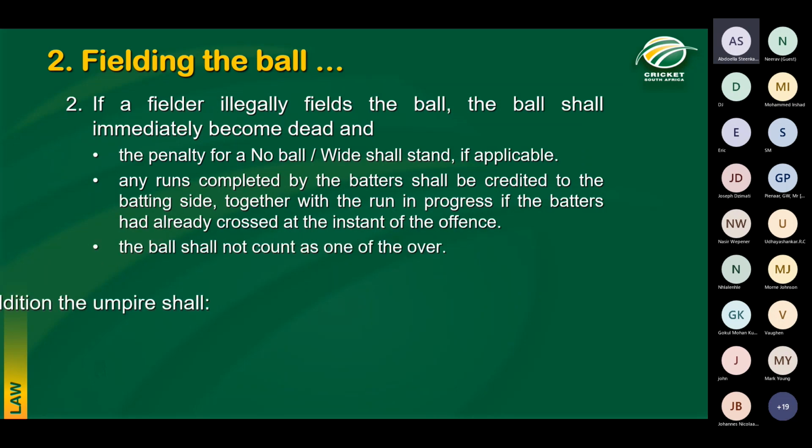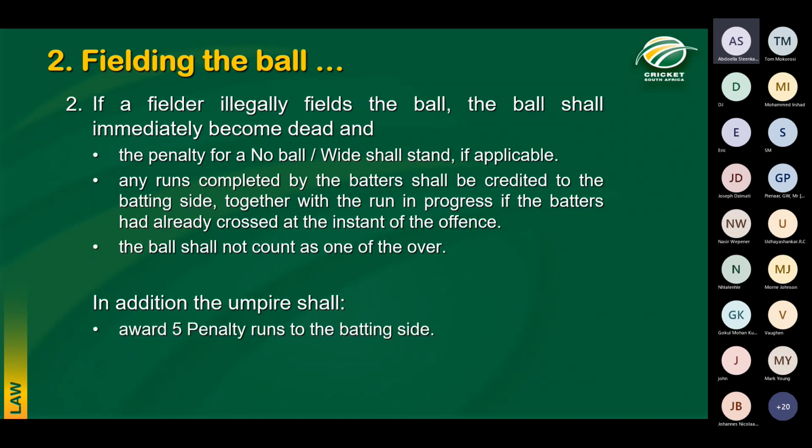The ball does not count as one for the over. Also, award 5 penalty runs to the batting side. And you will then inform everyone and report. So you can see it's a fairly harsh punishment if illegal fielding happens.